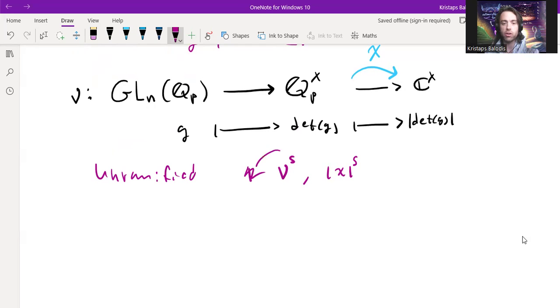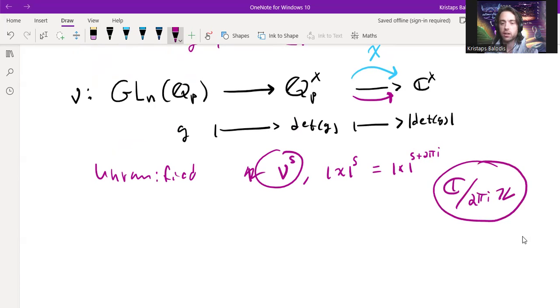So these are all of the unramified representations from QP cross to C cross. And notice that these will be equivalent if I take s and s plus 2 pi i. Those will be equivalent. So I actually get complex numbers modulo 2 pi i Z, like a torus of unramified representations.